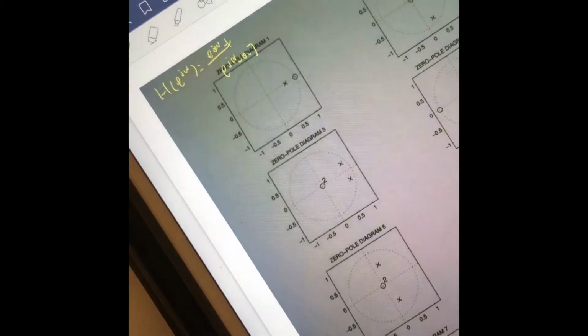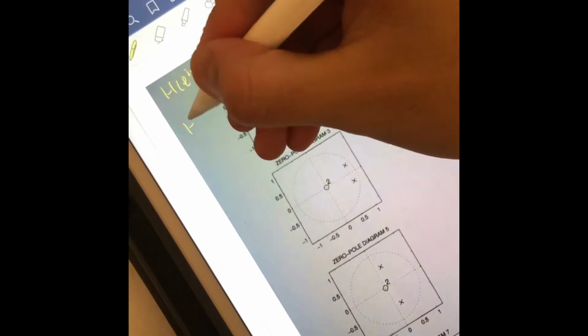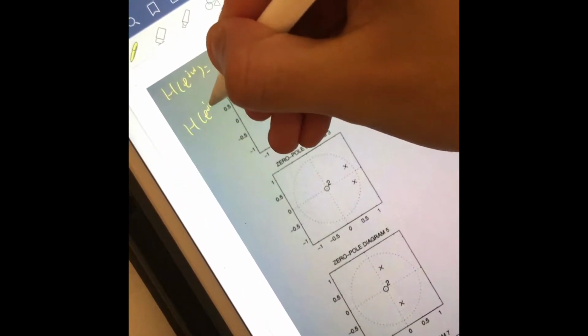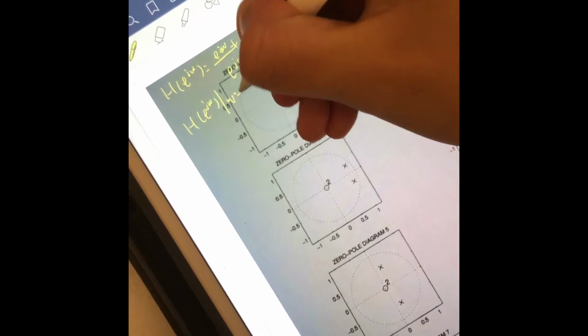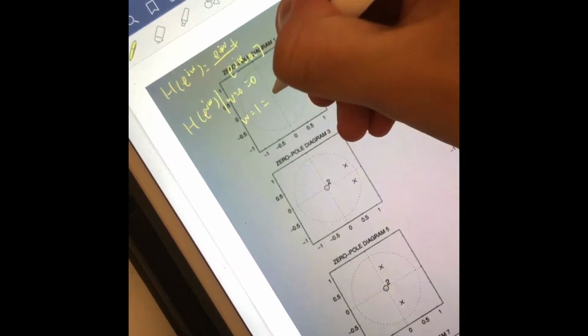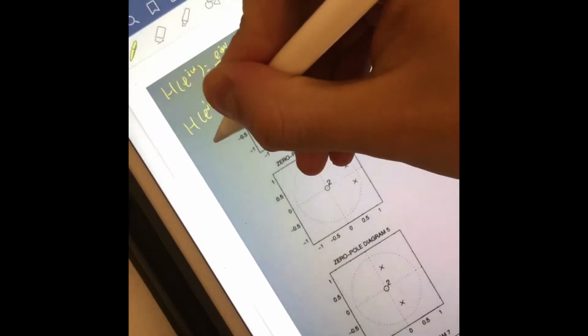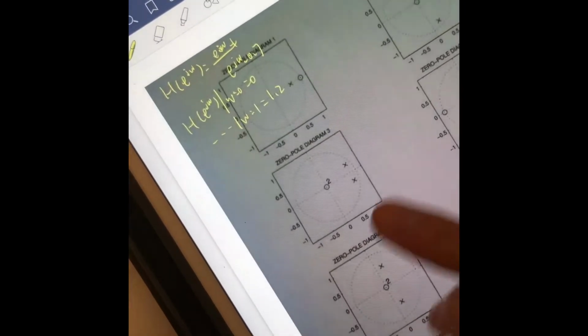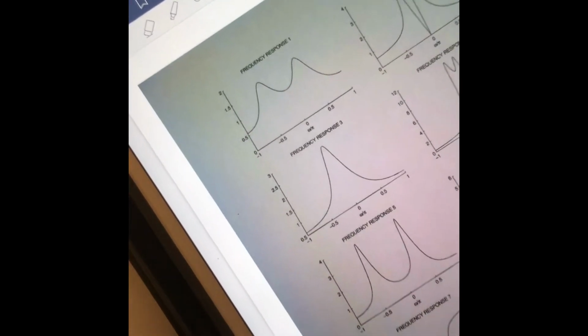Then, when omega equals 0, we can get the value 0, and when omega equals 1, the value equals 1.2. So diagram 1 corresponds to frequency response 7.